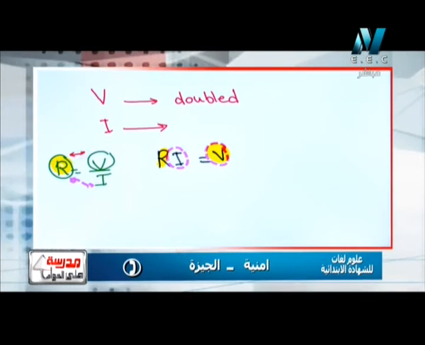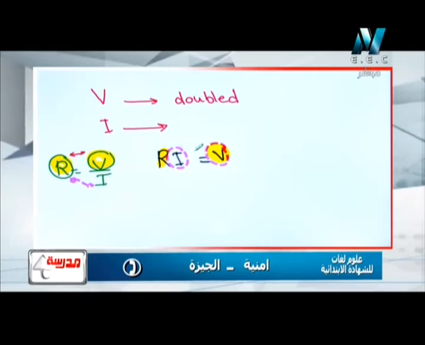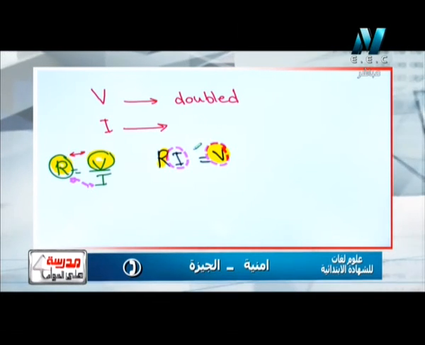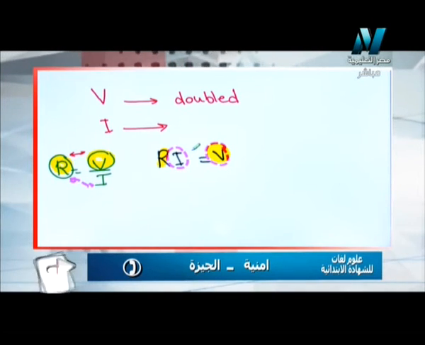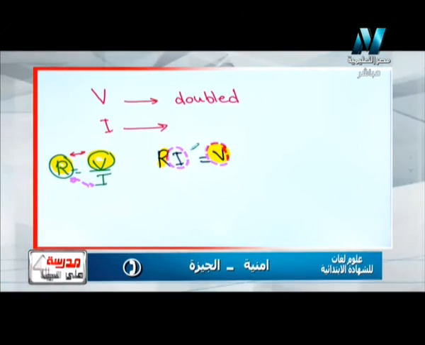So I take the relation according to the mathematical rule: each one of them on one side and the other on the other side, and we know the relation between any physical quantities. From the relation we can know the reading of the ammeter or voltmeter.